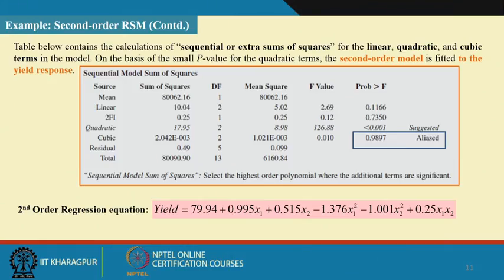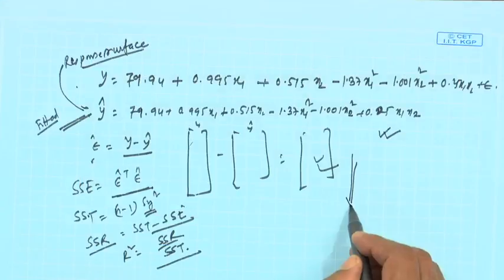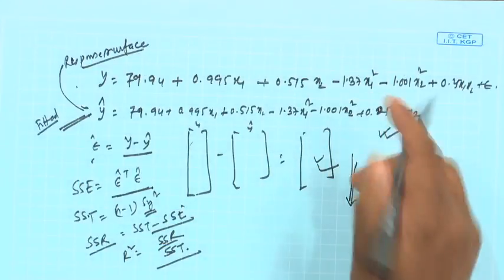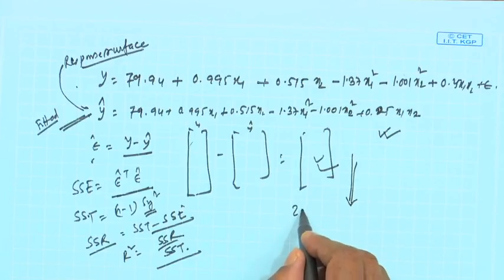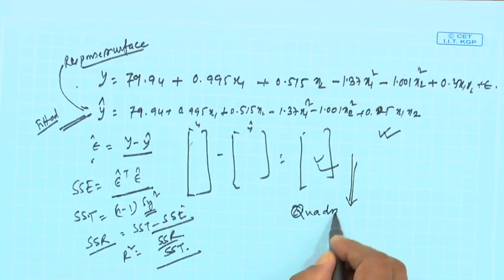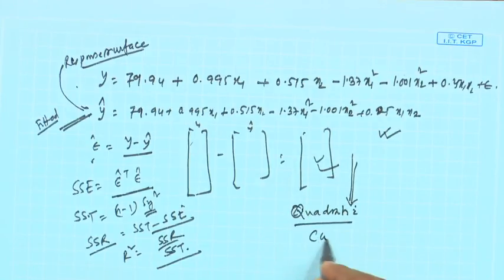Now, the question is, why go only for second order, why not cubic? We have gone for quadratic, why not cubic?